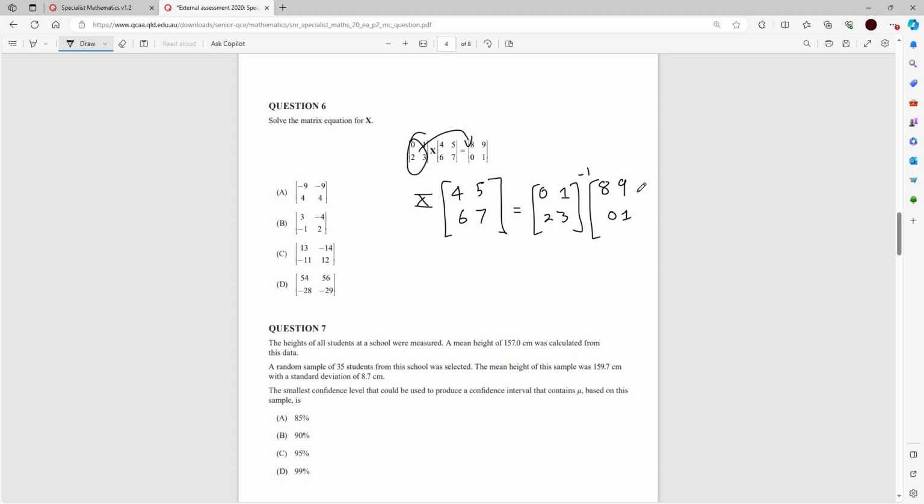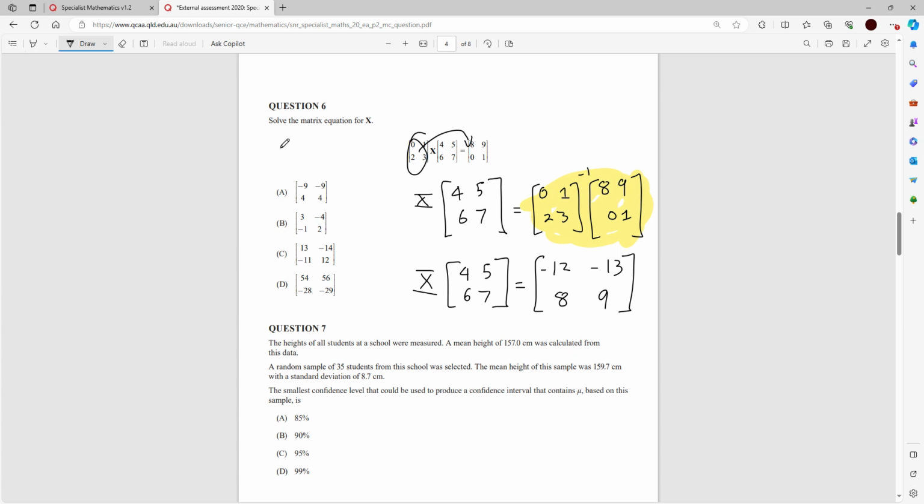Now, you can work this out in your calculator. If you go into the run matrix mode and input a matrix, put that matrix to the power of -1, and then write the next matrix, you can work out what this will be. If you plug that into your calculator, you should get the matrix -12, -13, 8, and 9. And now you've got this lovely equation here.